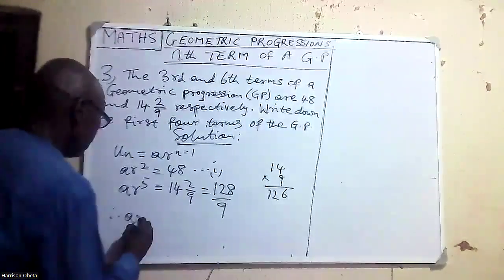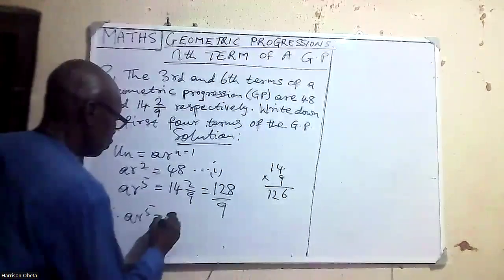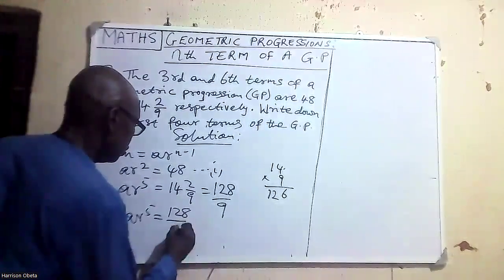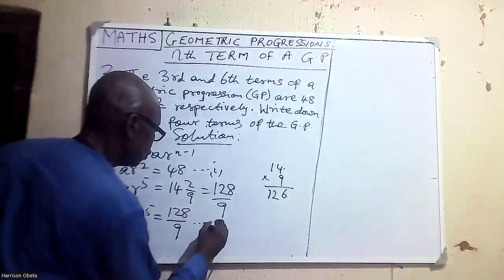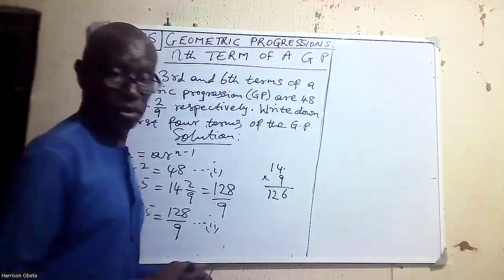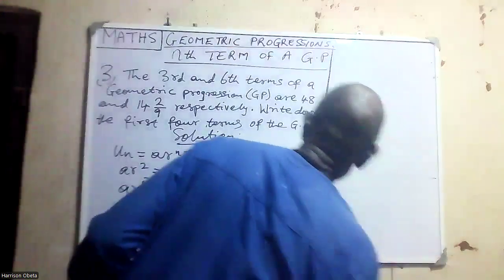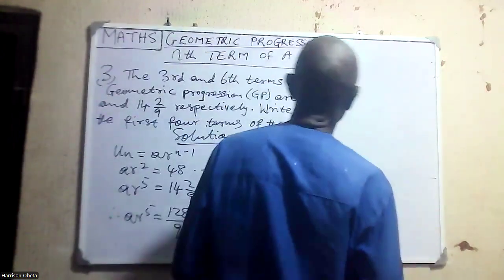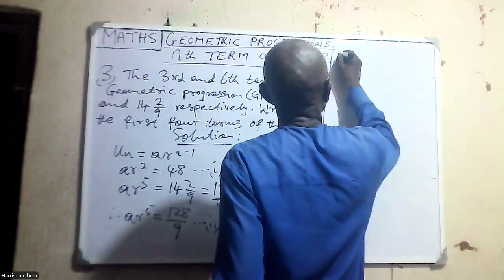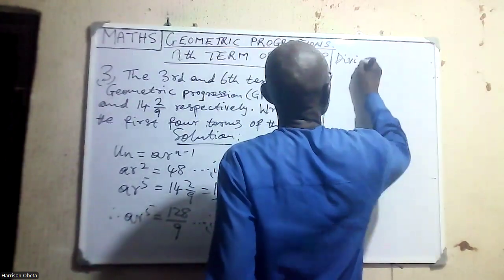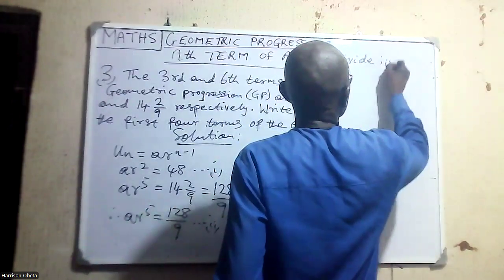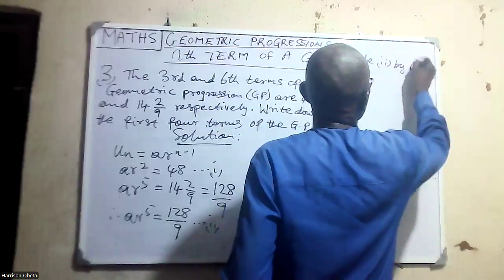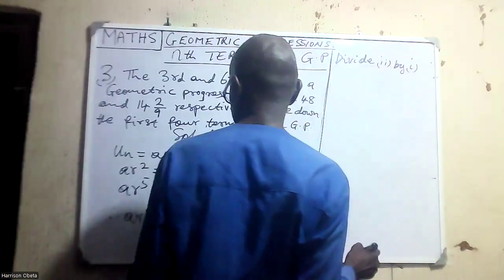Therefore, AR raised to power 5 is equal to 128/9. Equation 2. So we move on by dividing equation 2 by equation 1.